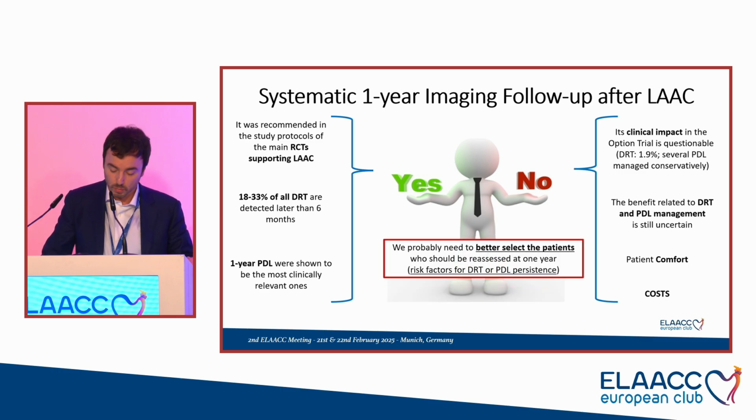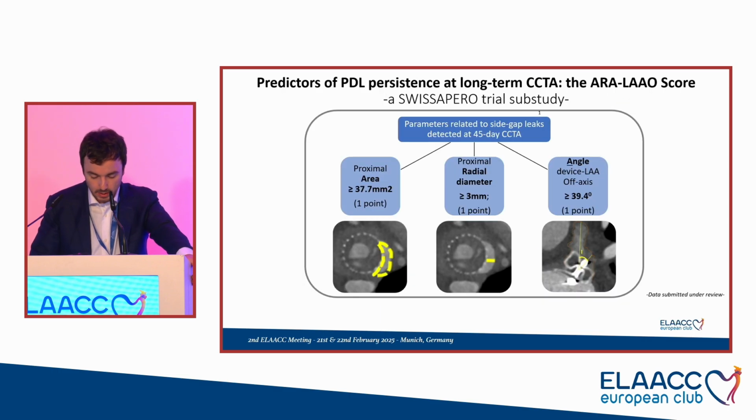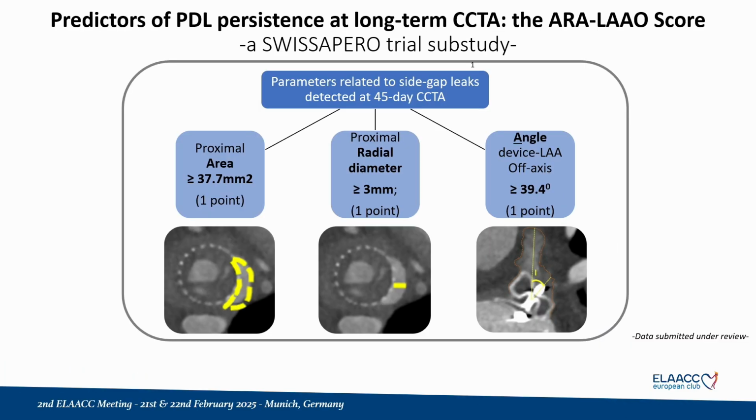We probably need to better select the patients who should be reassessed at 1 year, considering the risk factors for DRT or PDL persistence. And in this regard, with the team of SwissApero, we made a sub-study that is still under review.